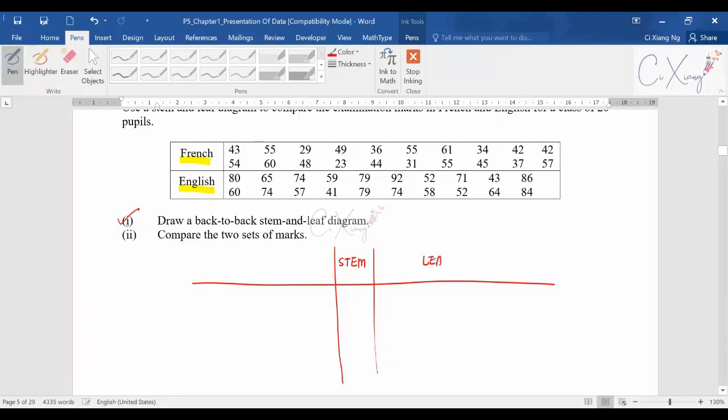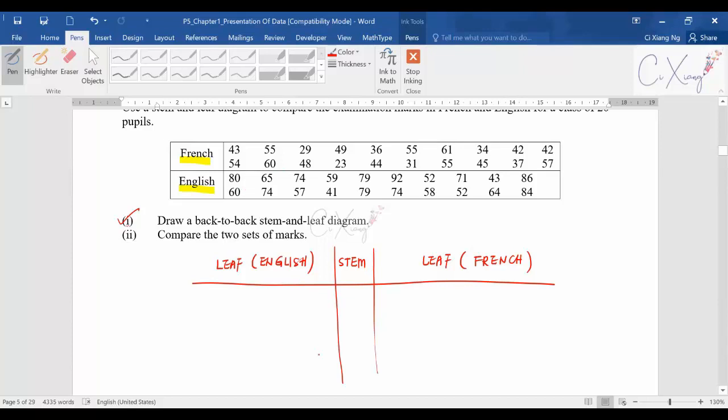For the leaf part, you need to state what subject or what data it is for. So for the left hand side, I'll keep it as the French leaf, and for the right hand side, I will put it as the English leaf. The label must be very clear so that the people reading your graph or stem plot know which part belongs to French marks and which part belongs to English marks.